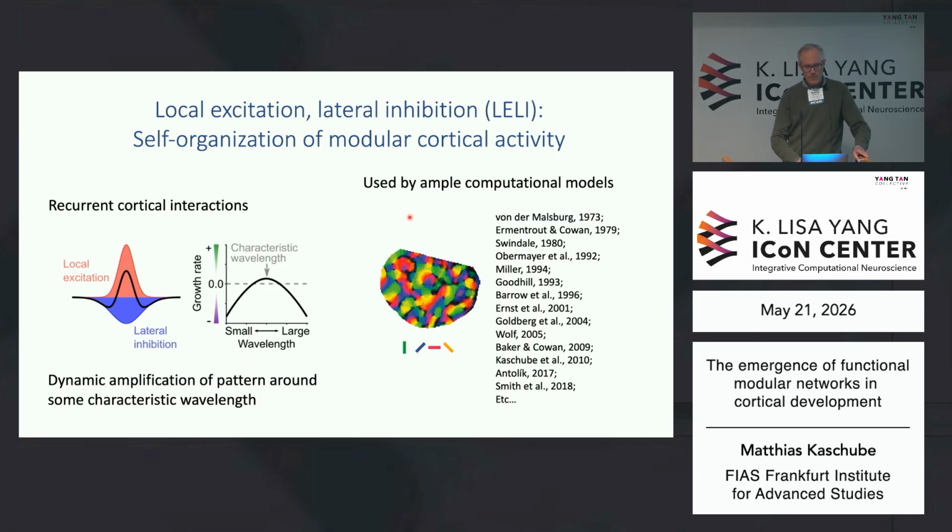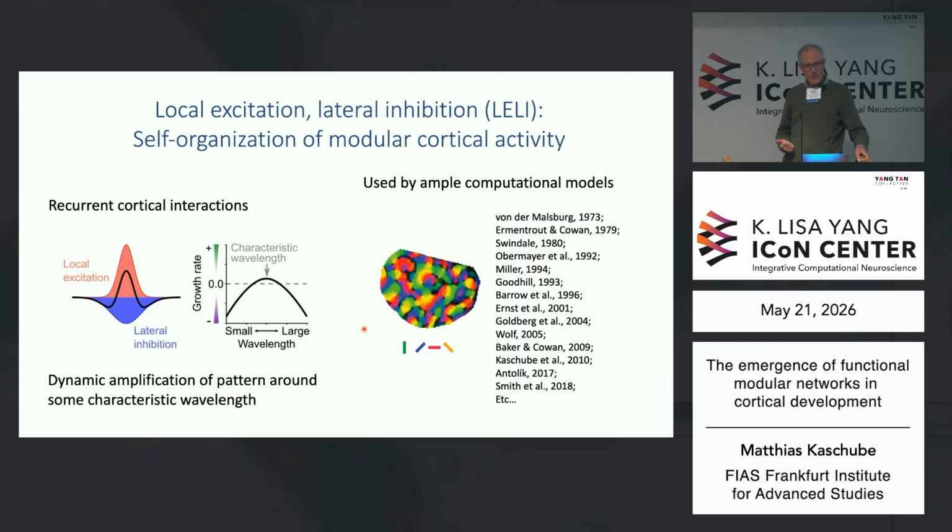This is actually a field of research which dates back more than 50 years now. So I outline here a few studies that have been proposed in the previous decades to explain how this structure could emerge via rules of self-organization that involve local excitation and lateral inhibition, including also some of my own work.